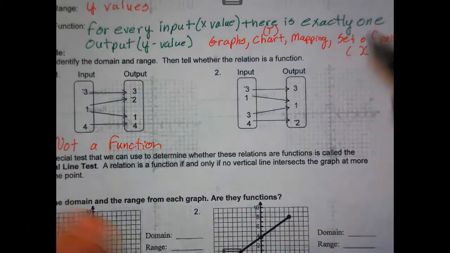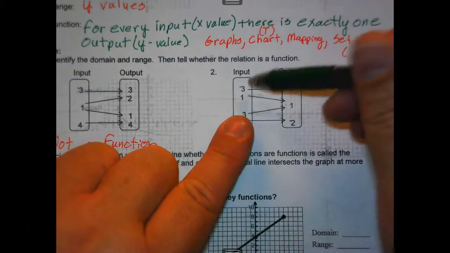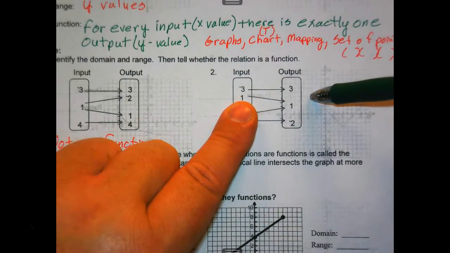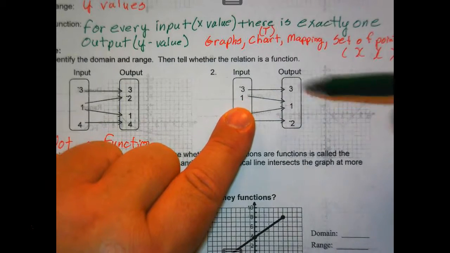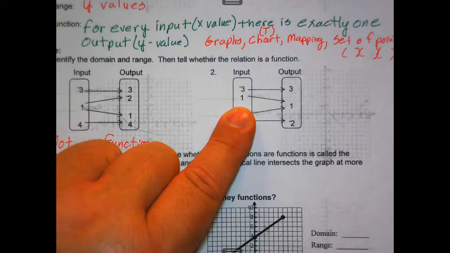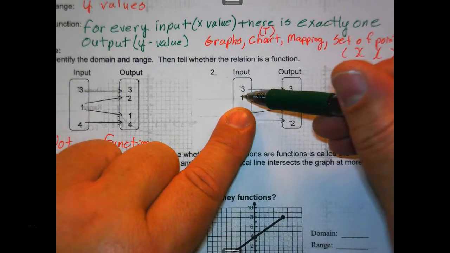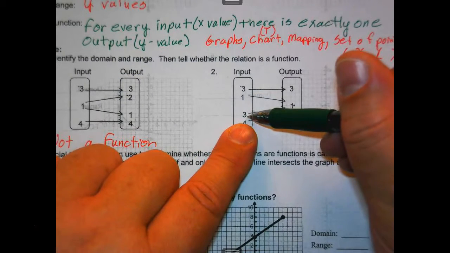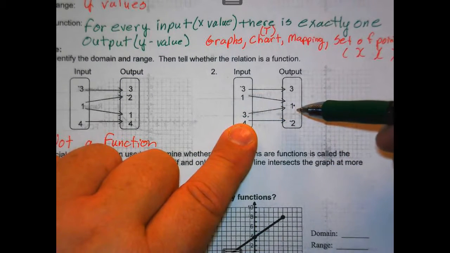Let's do number 2. -3, does it have exactly 1 output? Yes. Does this X have exactly 1 Y? Yes. This X value number 1 has exactly 1 Y value. Does this 3 have exactly 1 Y value?